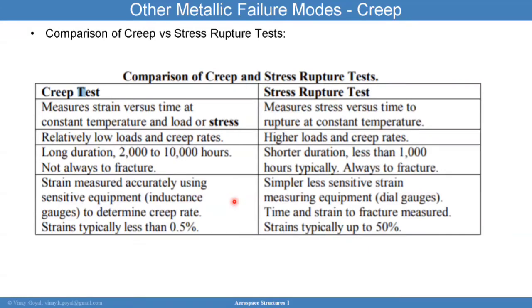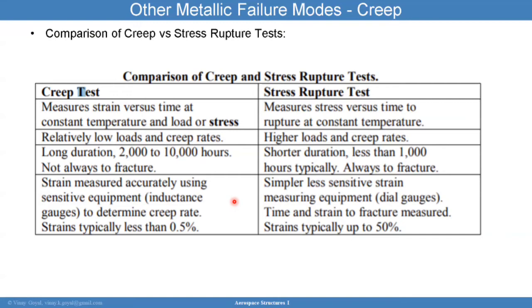There is a difference between creep and stress rupture. In creep, the testing measures strain versus time at a constant temperature and load, while the stress rupture test measures stress versus time to rupture at a constant temperature.